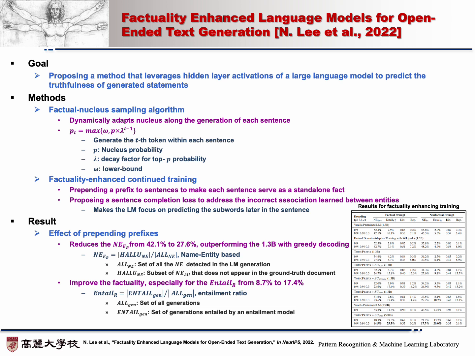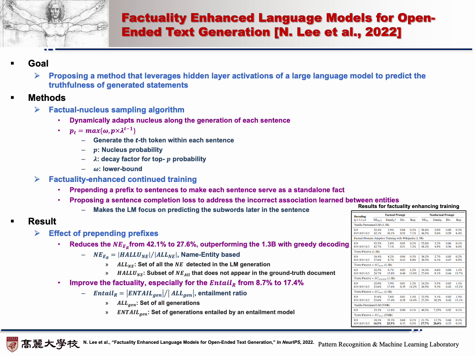This technique involves appending a prefix to sentences, ensuring each sentence stands alone as a factual statement. By introducing a sentence completion loss, they managed to correct any incorrect associations between the learned entities.